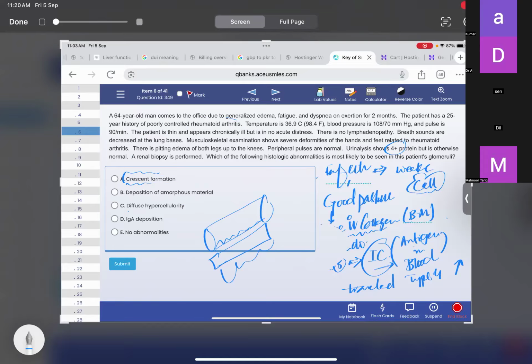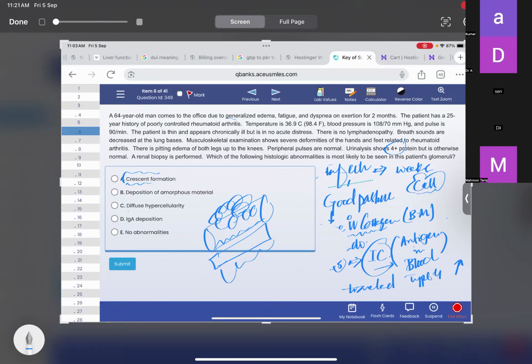This is the mesangium, okay? So you know how we will differentiate IgA and post-streptococcal. This is the easy concept, okay?